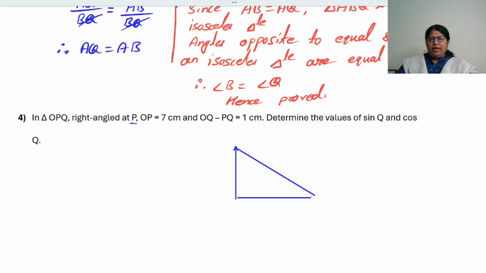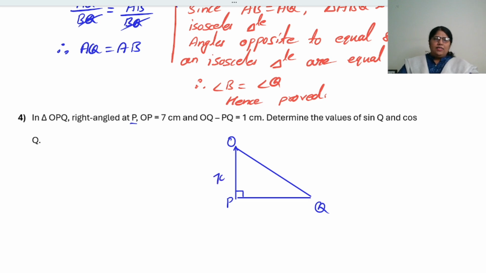If I draw the right triangle, first you have to mark a 90-degree angle at P, and the other two vertices are going to be O and Q. It's your wish where you want to mark them. Now, what else is given?